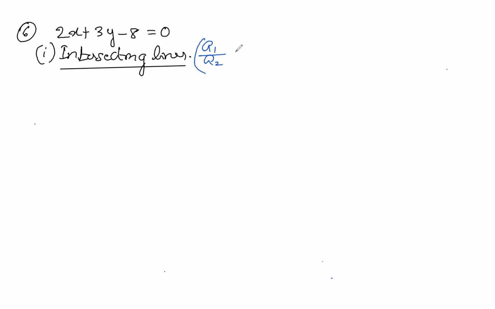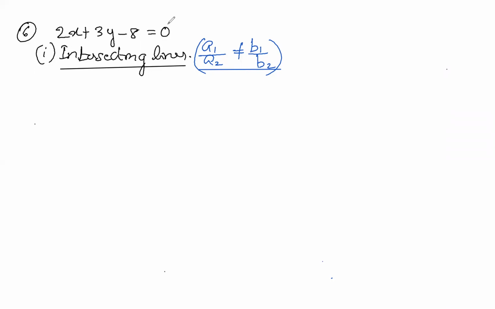Sir, for intersecting lines, a1 by a2 should not be equal to b1 by b2. So we have to bring this condition. Ian, are you online? Yes, sir. Please listen to the questions, okay? a1 by a2 is not equal to b1 by b2.